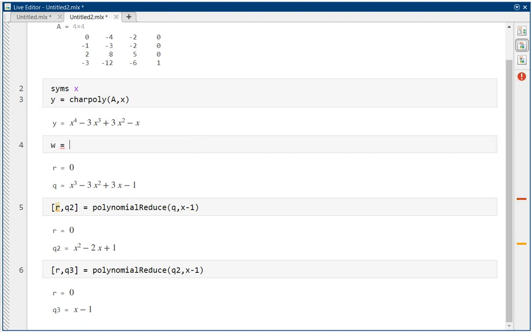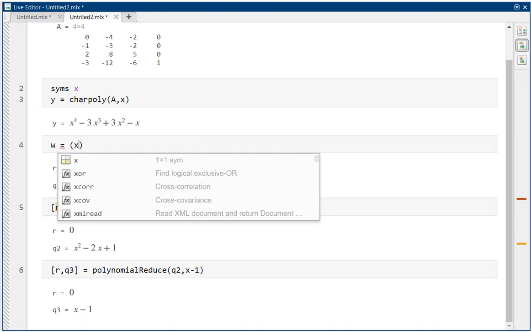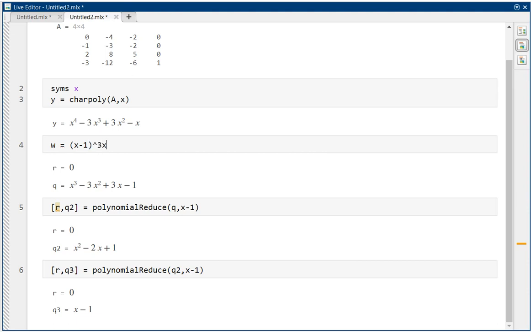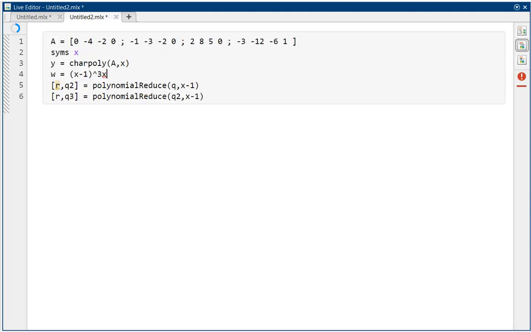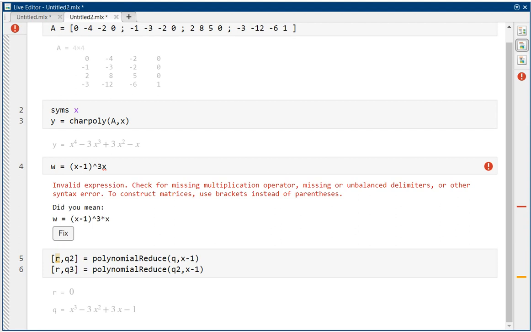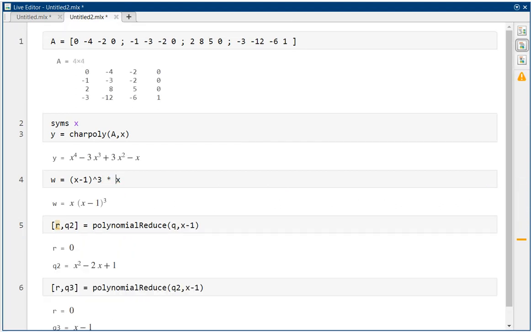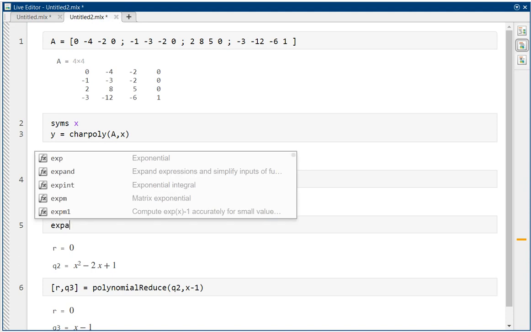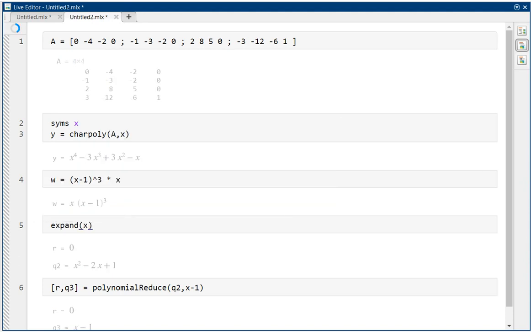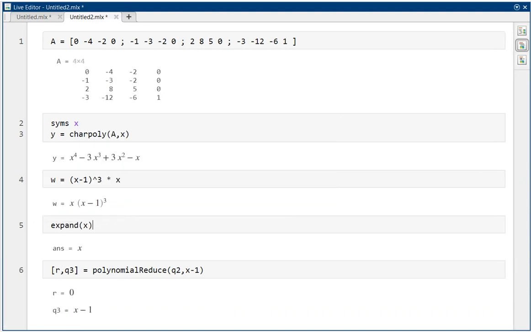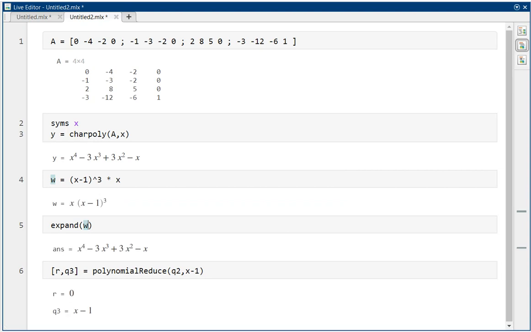W equals x minus 1 quantity cubed times x, boom, and then I'm going to expand x, expand w, okay?